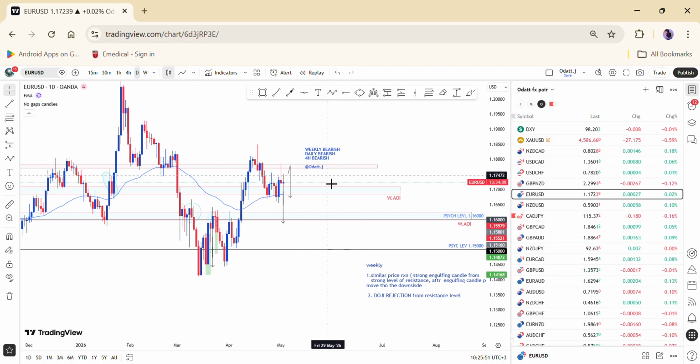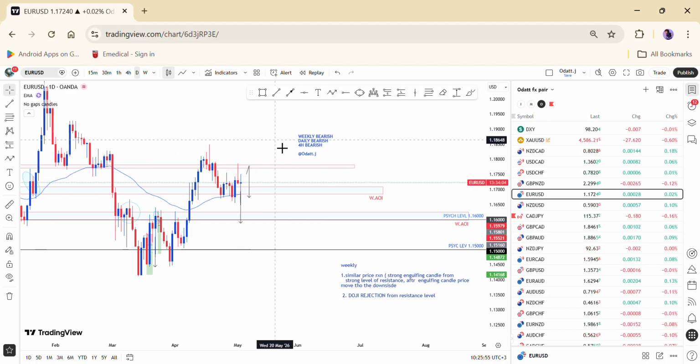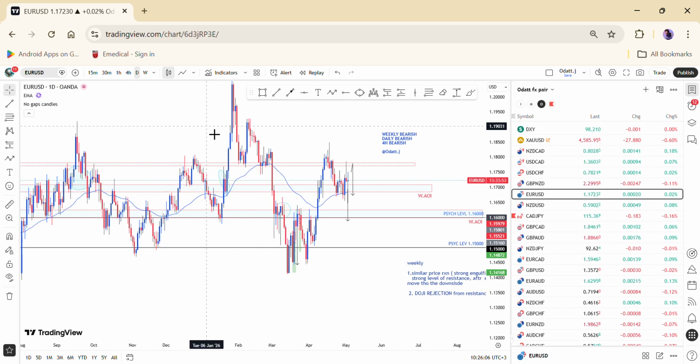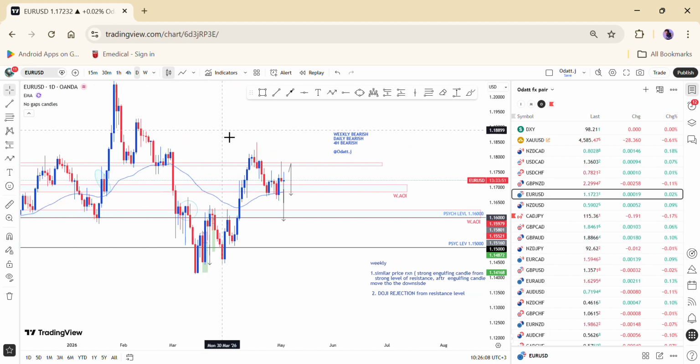So there are two options to sell this trade. Daily, we are actually bullish. So in order to take this position, there are two things: going with the weekly or going with the daily.